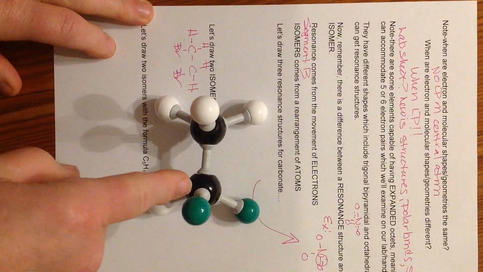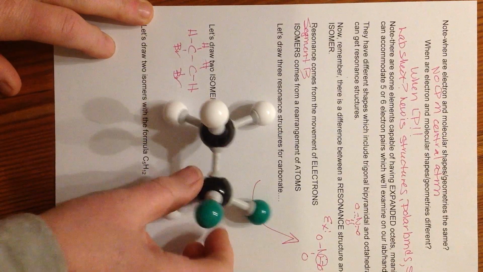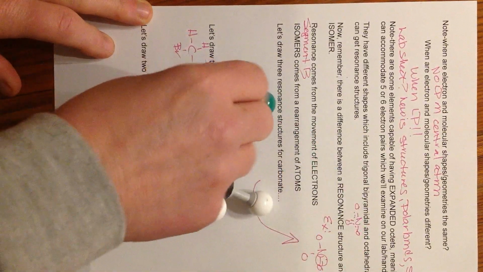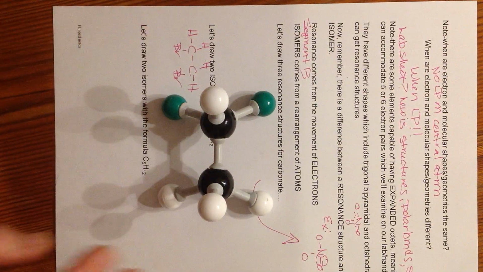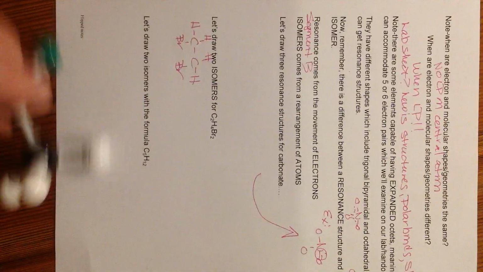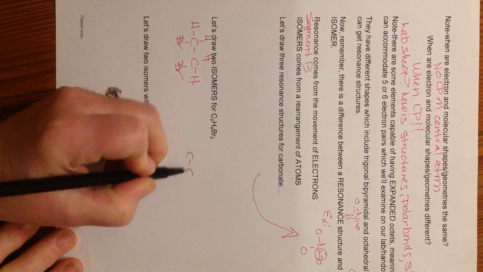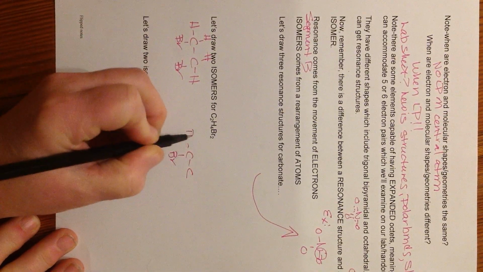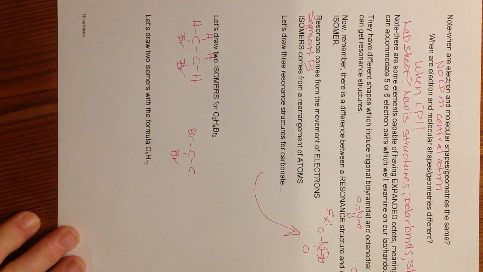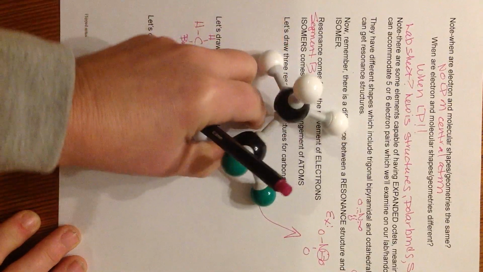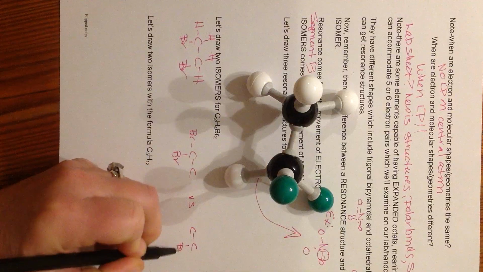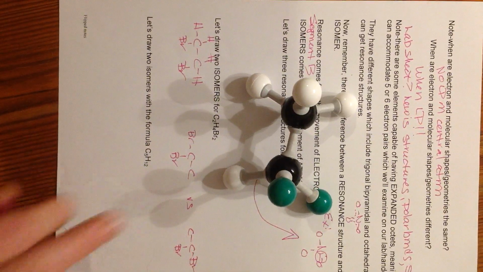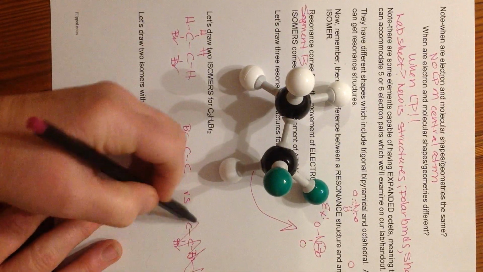Now notice that I can put them on this carbon or I can put them on this carbon. I'm not breaking any bonds, so it doesn't make any difference if I write my bromines this way or whether I write my bromines this way. These two are the same, so I'm going to cross that one out.